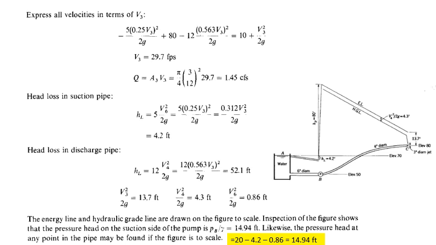So we can calculate the head loss in the suction side, which is given as 5 times the velocity head of the 6 inches pipe. So it is 4.2 feet, and the head loss in the discharge pipe, it is 52.1 feet.